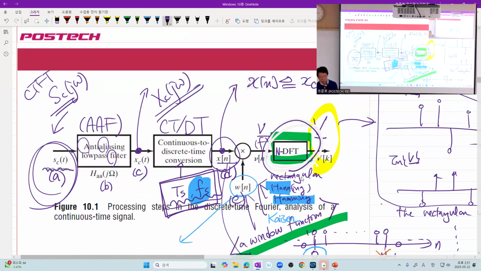Got it? So suppose we have a fixed rectangular window with length L. Then L determines how much the folded spectrum is blurred. If L is large, then our Dirichlet kernel has a very small main lobe width, so blurring is somewhat suppressed, right?